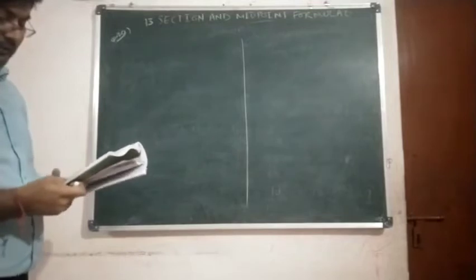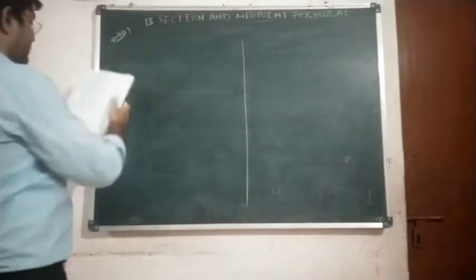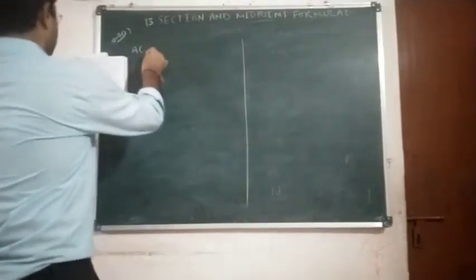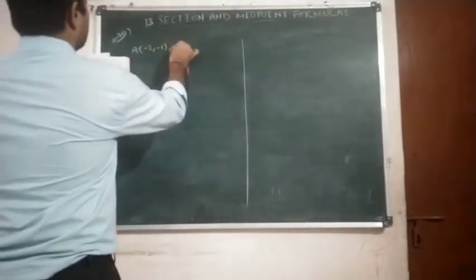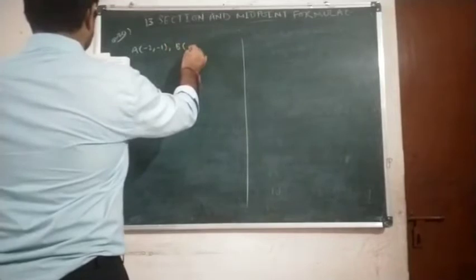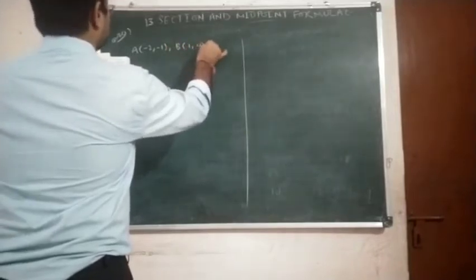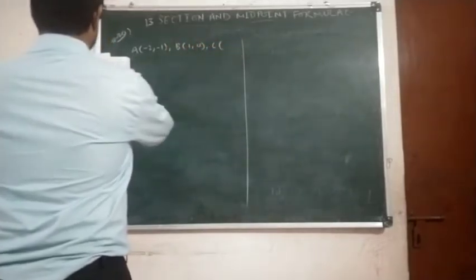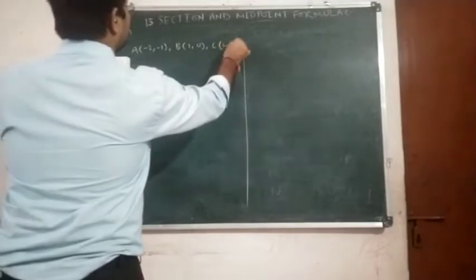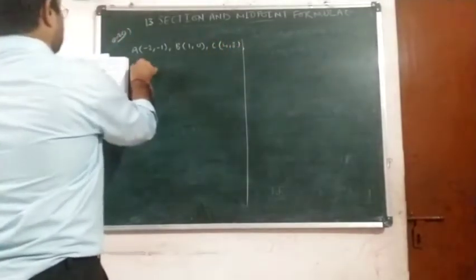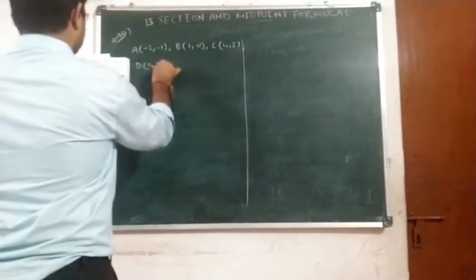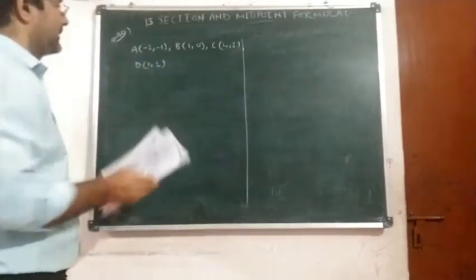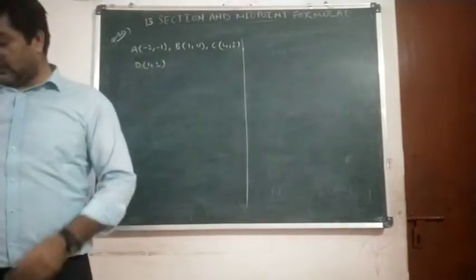Prove that the points A, B, C and D are vertices of a parallelogram. We are given 4 points: A (minus 2, minus 1), B (1, 0), C (4, 3) and D (1, 2) are the vertices of parallelogram ABCD.